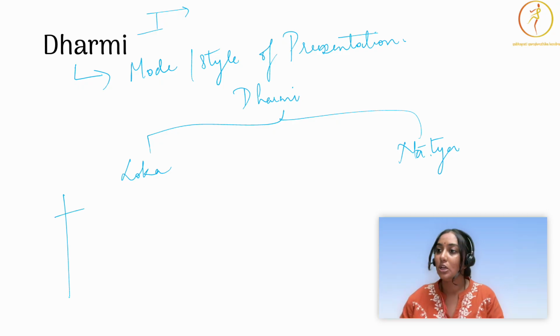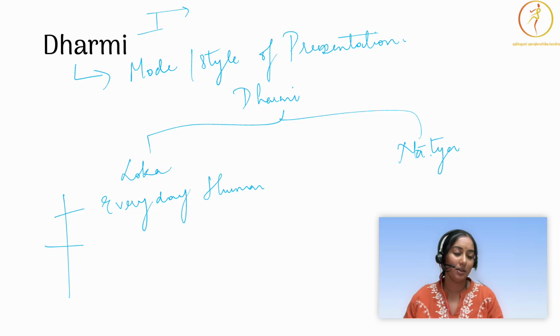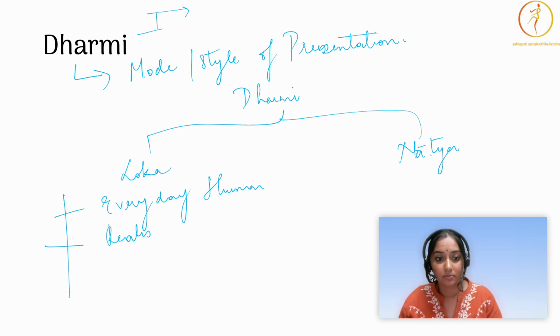It is everyday human behavior, things that we see on a daily basis. For instance, the Nayika is combing her hair. Instead of gliding, she just tries to remove some tangles in her hair. All of those things are Lokadharmi, using natural actions, or they are more realistic in nature.